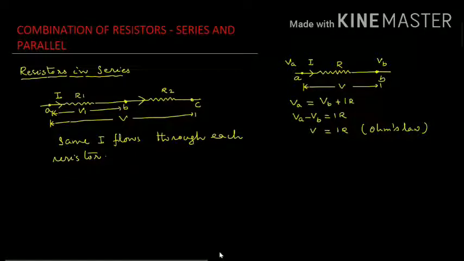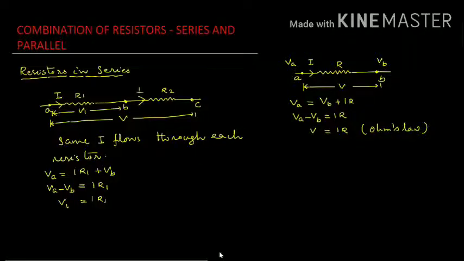Now V1 is equal to I into R1, because VA is equal to I R1 plus VB. So VA minus VB equals I R1, or V1 equals I R1.